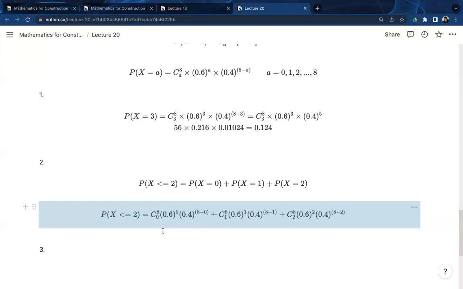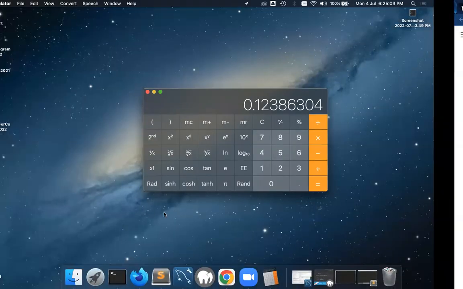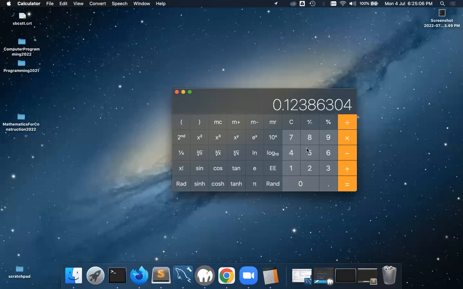What is 8 choose 0? That's 8 factorial over 8 factorial by 0 factorial, which is 1. We could say any number, like 5 factorial divided by 0 factorial, and then you divide that by 5 factorial.